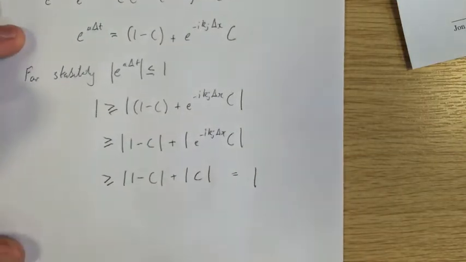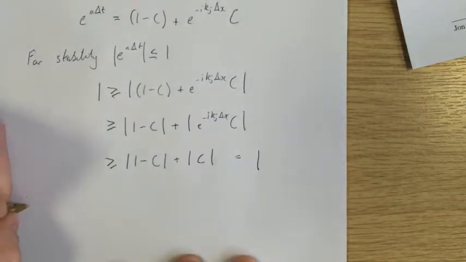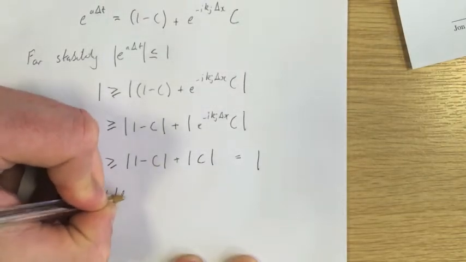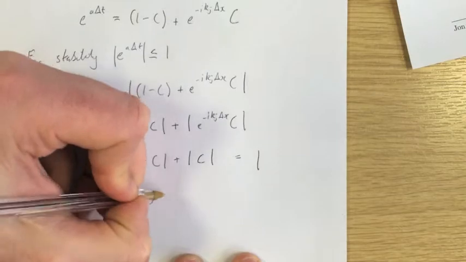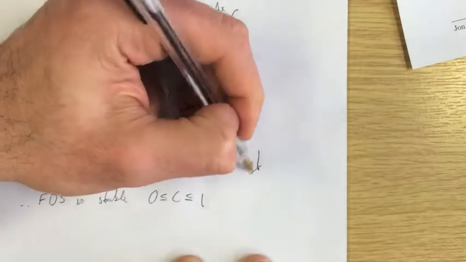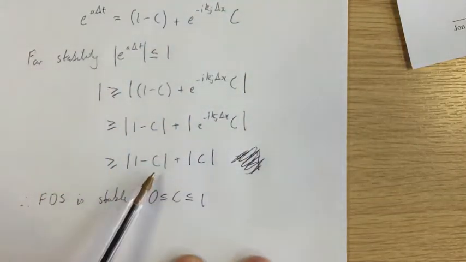So therefore the finite difference scheme is stable for values of c in the range 0 to 1. Actually, it's not equal to 1 in general.